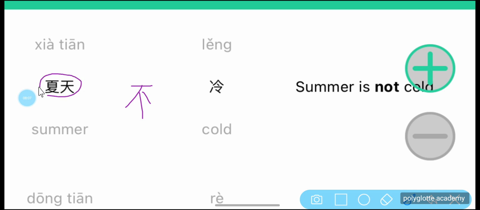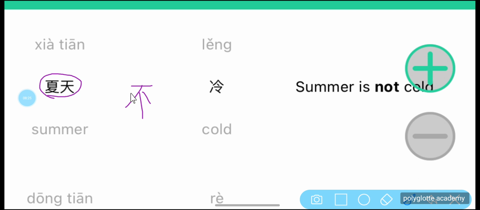夏天, which means summer. For a demonstration on how to write 夏天, we have written this character before in the previous video, so make sure you watch the previous video in order to fully know how to write this character, because it's a bit complicated.